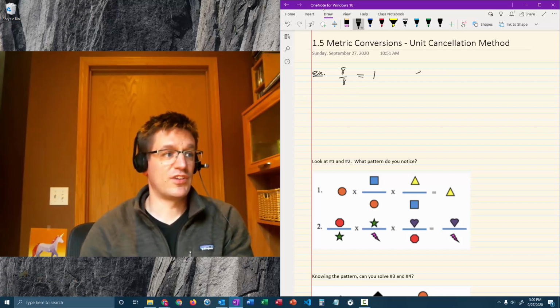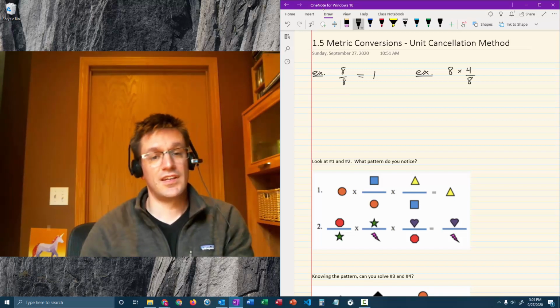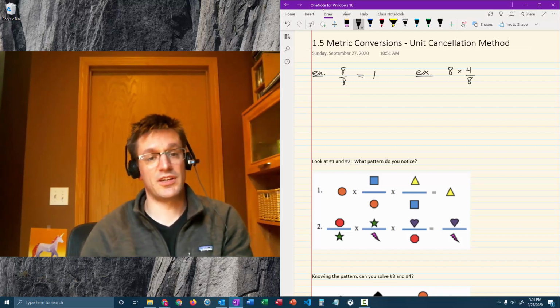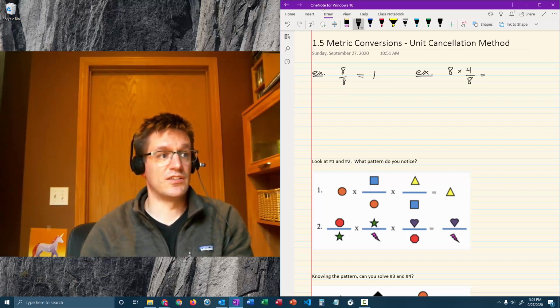So for example, again, I could do 8 times 4 over 8. Okay, and the rules of multiplying fractions mean you multiply across the top and across the bottom. So what you get is 8 times 4 all over 8.